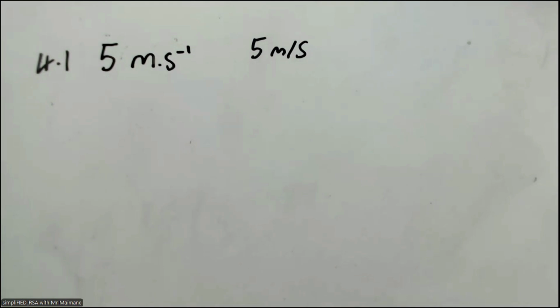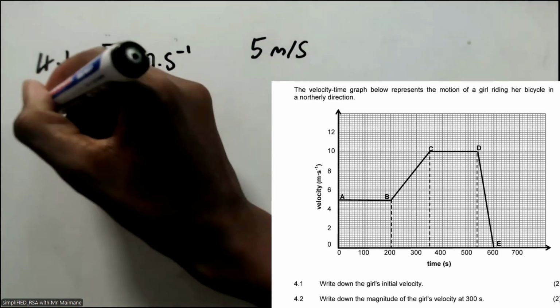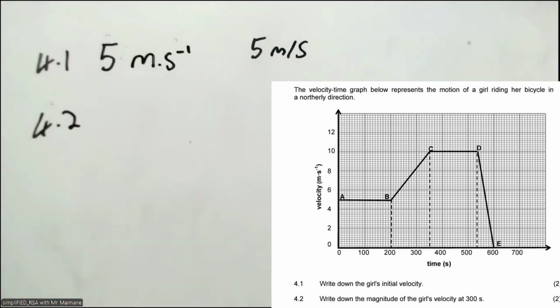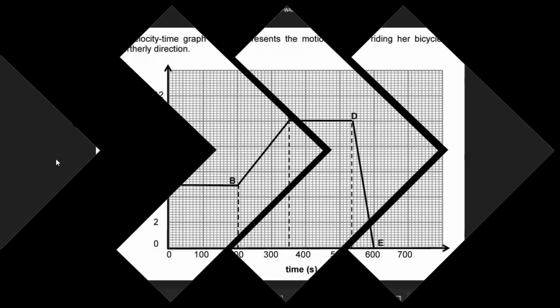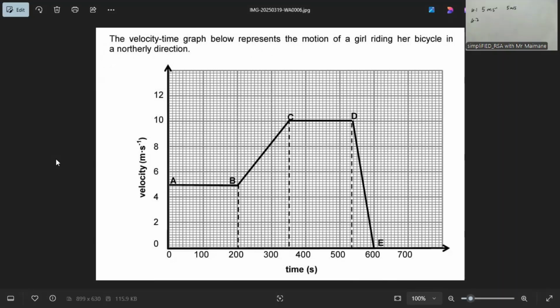Now for 4.2, we are required to write down the magnitude of the girl's velocity at 300 seconds. So again, let's look at the graph. At 300 seconds, this is the part here, that line going up, and then it touches the graph somewhere there to be accurate.